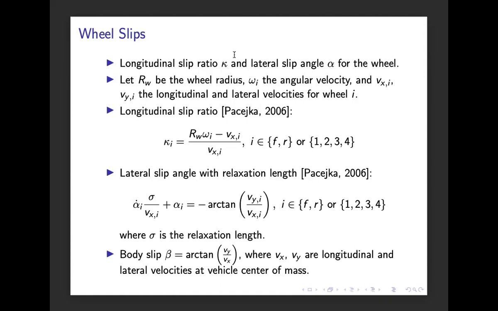So if we start with the longitudinal slip ratio, we define this as the ratio between Rw times omega minus V, divided by V. So how should we interpret this? We can see that the faster we rotate the wheel in relation to the actual velocity of the wheel, the more slip we will have.